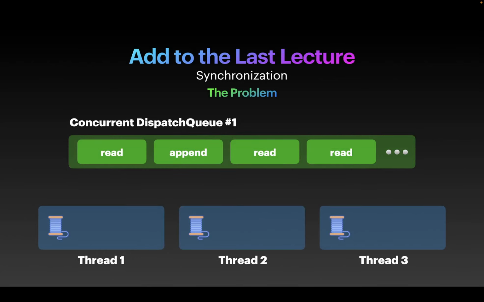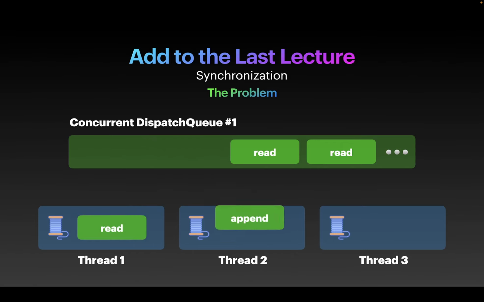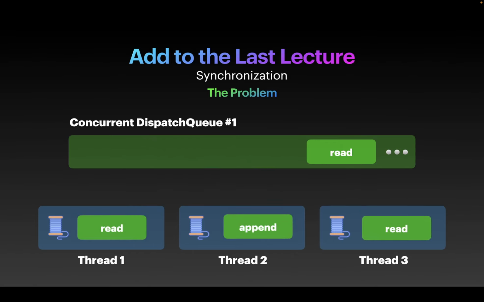And for example, in that queue we have multiple actions. First one is a read, and next is an append, followed by two read operations. So what if we now dispatch the read, append, and the next read to three threads, because it's a concurrent queue, it can do things concurrently.